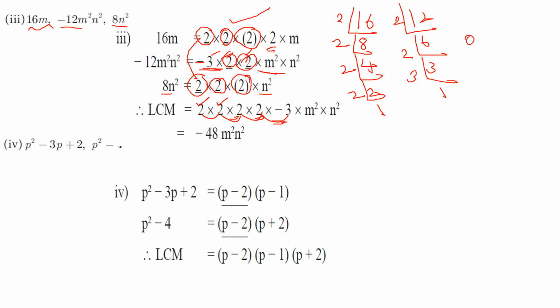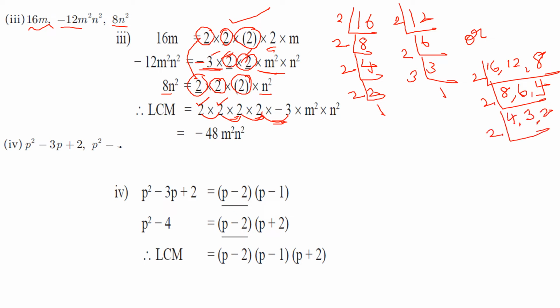Otherwise you can find out the numerical coefficient. Already I told this method also, 16 and 12 and 8. 2 8 6: 2 2s are 4, here 2 4 2s are 8, 3 2s are 6, 2 2s are 4, and 3 as such you write it, and 1 here 2 1 2 is 2, 3 as such 1, and next 3 1 1 1.